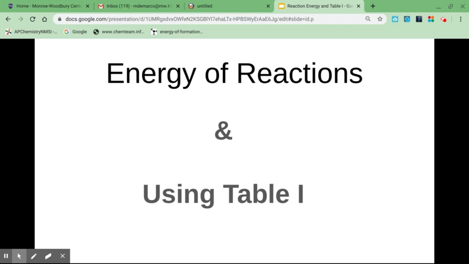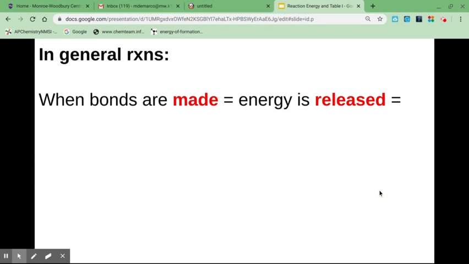Now, when we're talking about energy of reactions, we saw in the first PowerPoint presentation that generally speaking, when bonds are made, energy is released. That we learned back in the bonding section. We also mentioned that early on in the year. We also put a vocab word to this, which we know is exothermic.